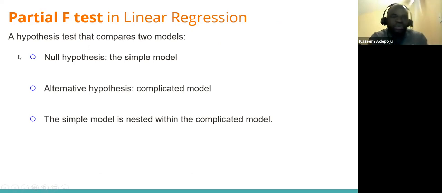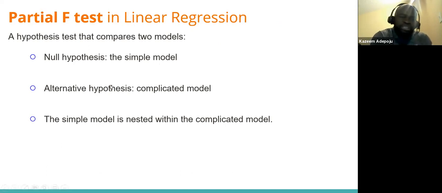That was the reason why I said a Basia F test is a hypothesis test that compares two models. Like I said, it compares two models. In the null hypothesis, you're going to see the simple model, and in the alternative, the complicated model.